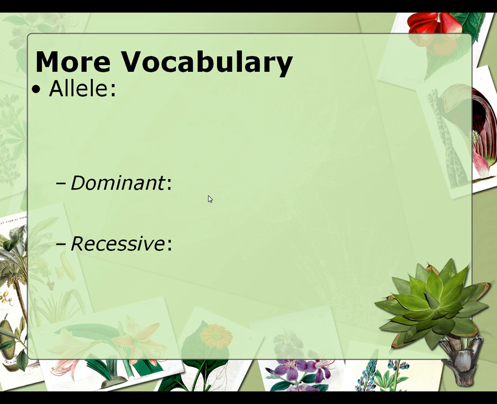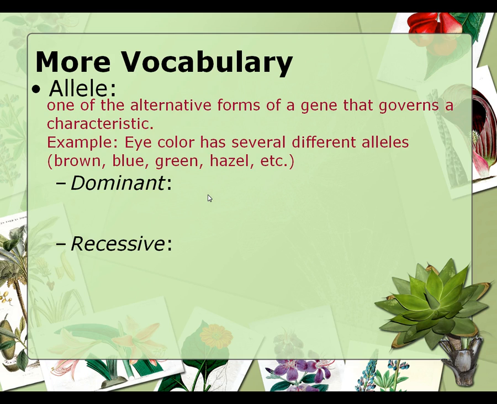Now, a little bit more vocabulary. You know what dominant and recessive mean. You have something that is dominant over something else. Well, that something is called an allele. In the past, you may have called it a gene or a trait, but the proper name is, in fact, allele. Look at the example. Eye color is the characteristic.